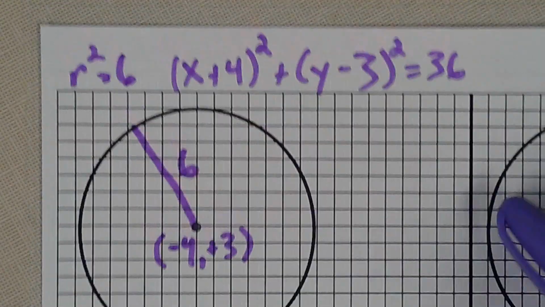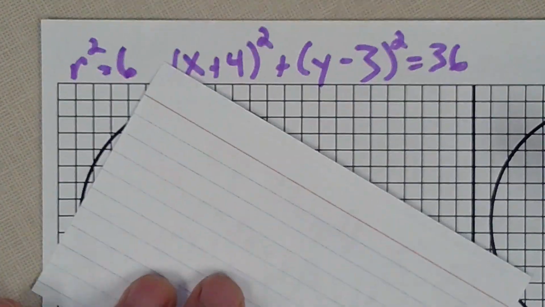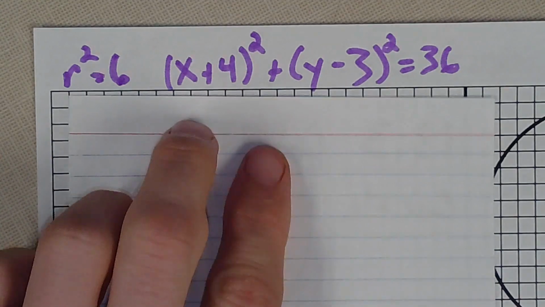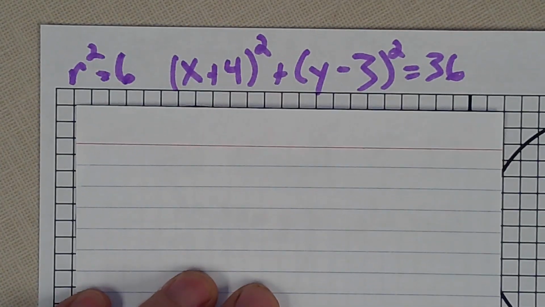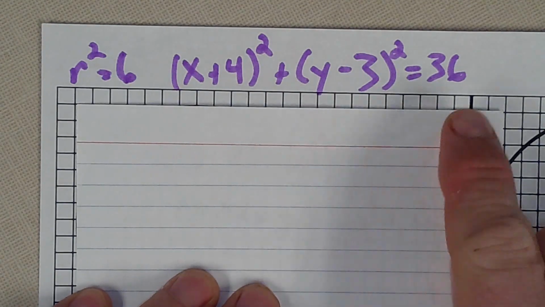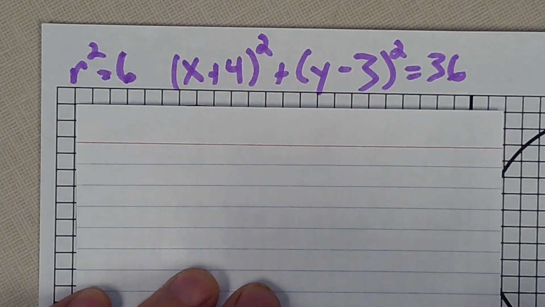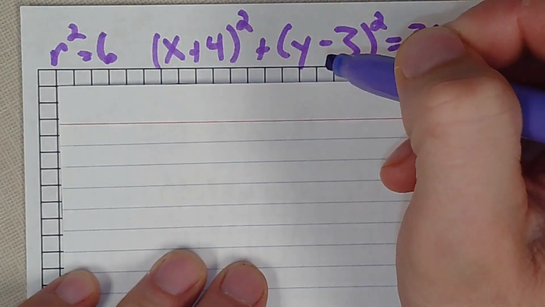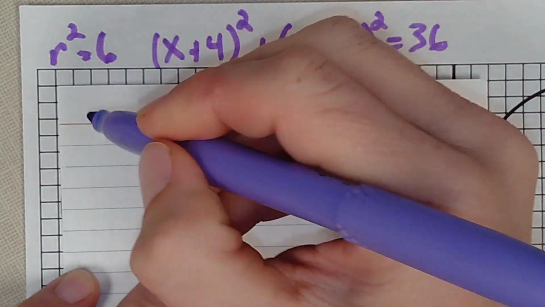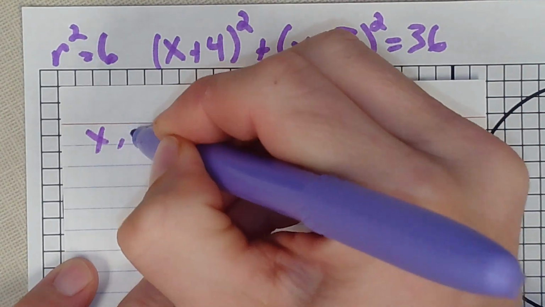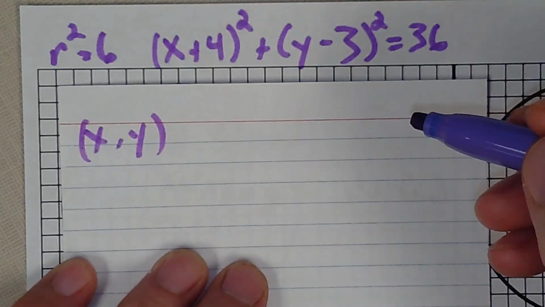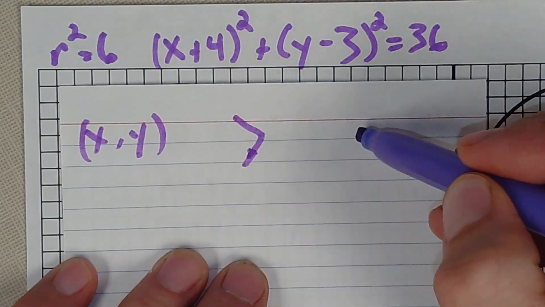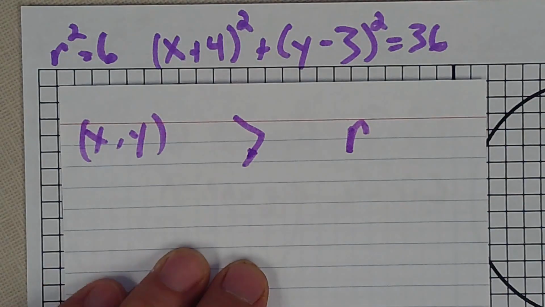So we're going to plug in some x and y values, solve, and compare it to 36, which is our radius squared. If the x and y values, or the coordinates that we plug in, make this side of the equation greater than that side, then it is outside.